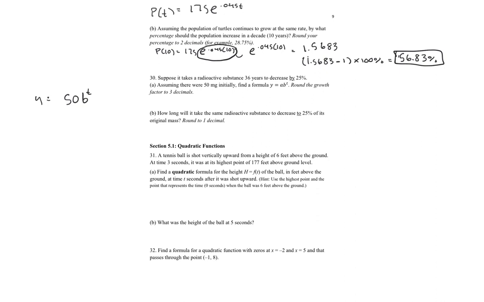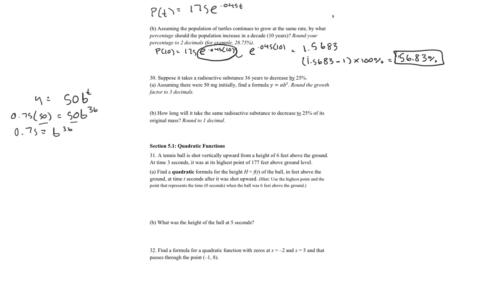So we know that we're going to have an equation 50 times b to the t for some y. And it says it takes 36 years to decrease by 25%. So like I said before, we're going to have 0.75 times our initial amount, and then that's going to be equal to 50 times b to the 36, right? Because it took 36 years to do that. And so then we can divide by 50 on both sides, so then we get 0.75 is equal to b to the 36.